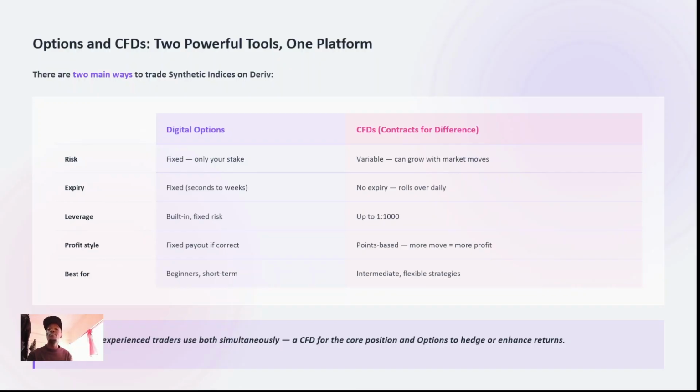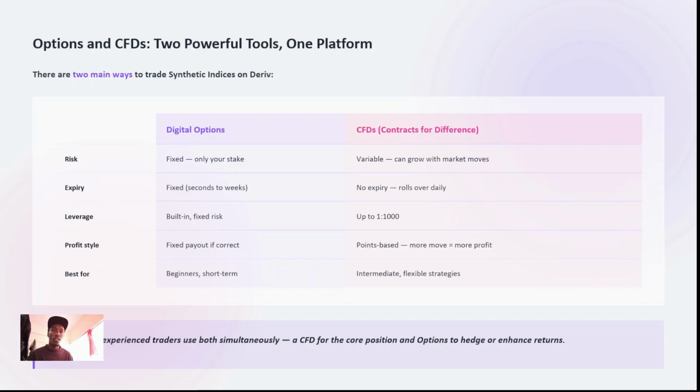The payout will only be $0.96 if the payout was like 96%. But you see, the good thing about trading CFDs, it is variable. That means the more the market moves, if the market moves like crazy, like 120 pips or even 300 pips, the more money you are making.